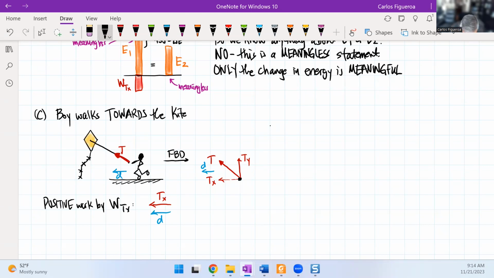So the work of Tx is now going to be positive Tx times the displacement, so positive T cosine of 30 times the displacement, but they have the exact same numbers. So this would be positive 43 joules.